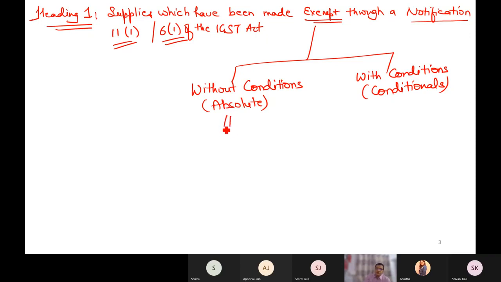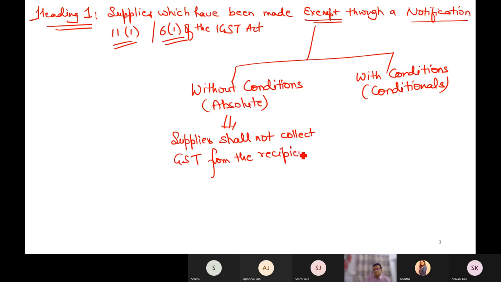Those which are without conditions, the supplier has no right to collect any tax from the recipient. Supplier shall not, he must not collect the tax from the recipient. Tax must not be collected.